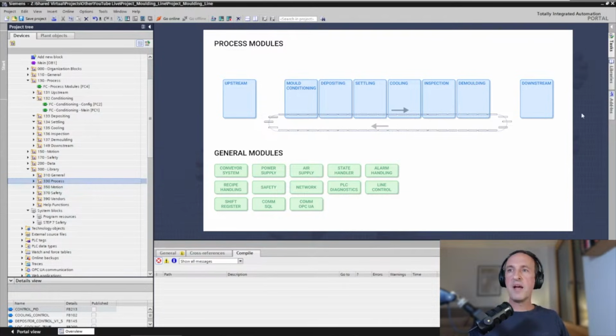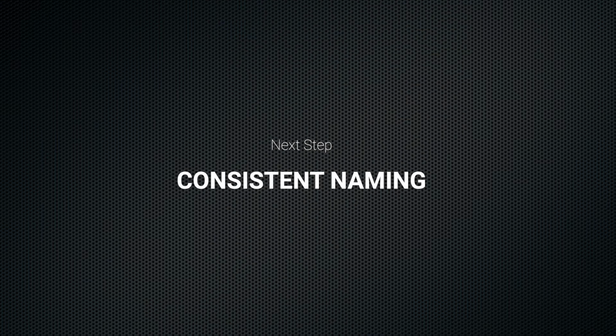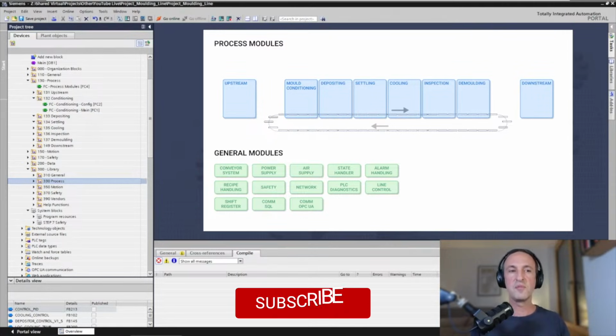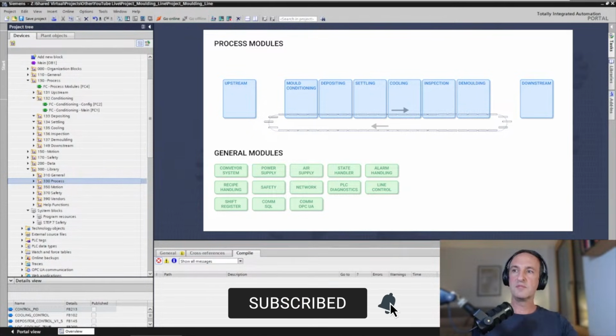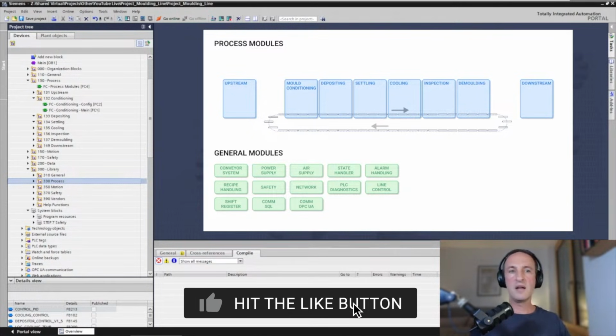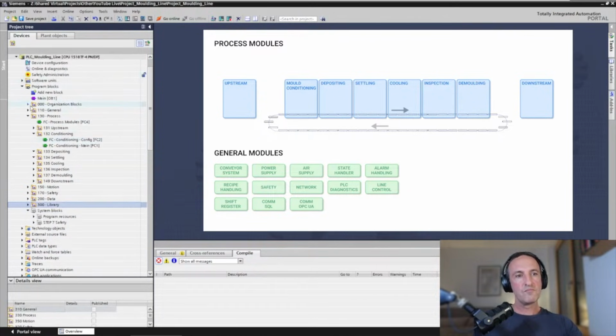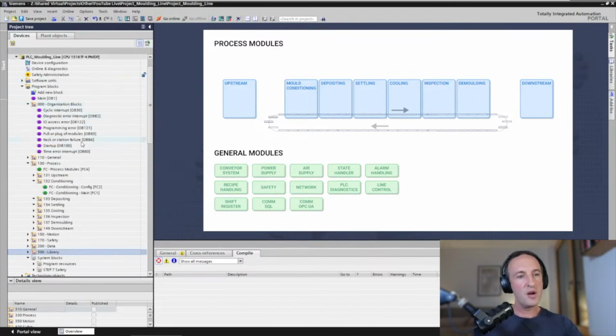And as I mentioned, the last thing I'm going to do here is rename the blocks. I'm going to share with you a method of renaming the function blocks, the functions in this example. That makes everything clean and easier to recognize. Okay, so the organization blocks, let's start here.